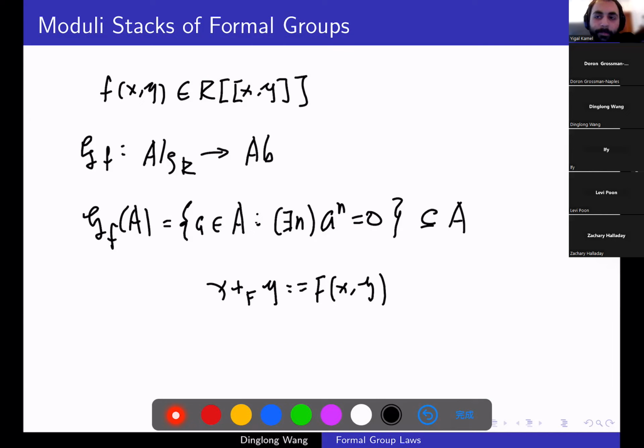And in fact, this definition is equivalent.